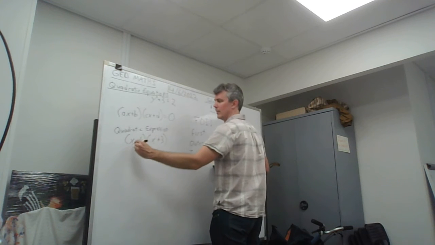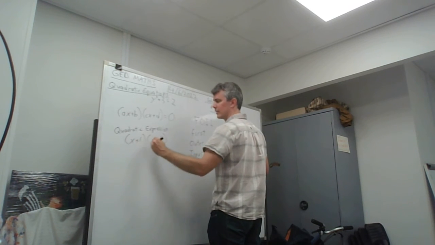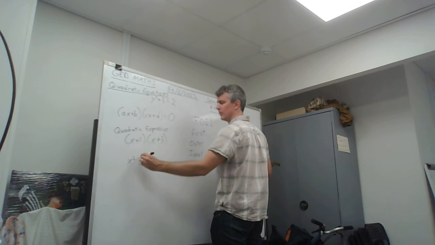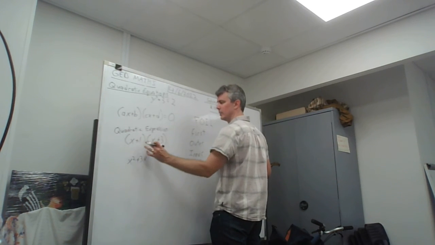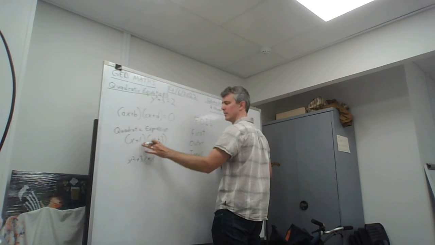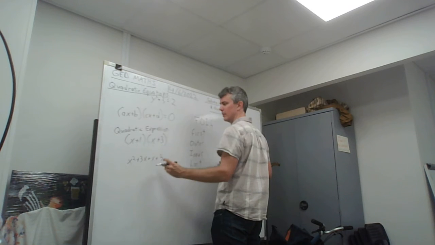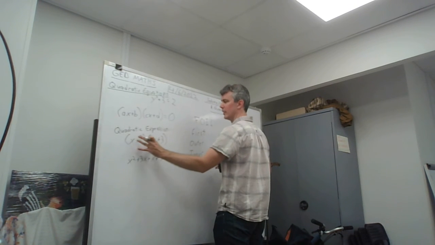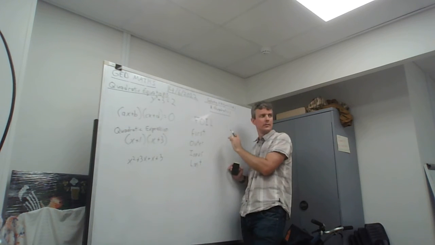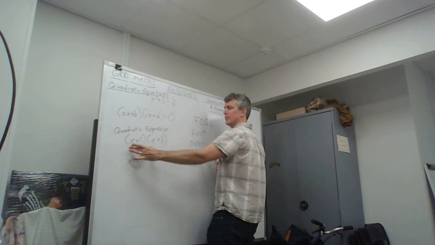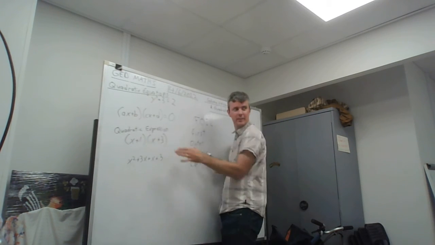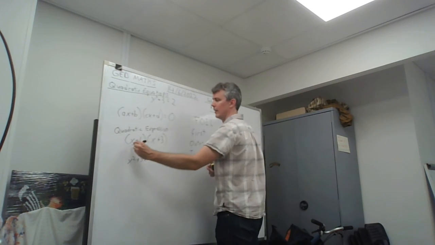Okay? So x squared, then we do outer, plus 3x, then we do inner, plus x, and then we do last, plus 3. So that's first, outer, inner, last. That's FOIL. Do that again. First, outer, inner, last. Right?